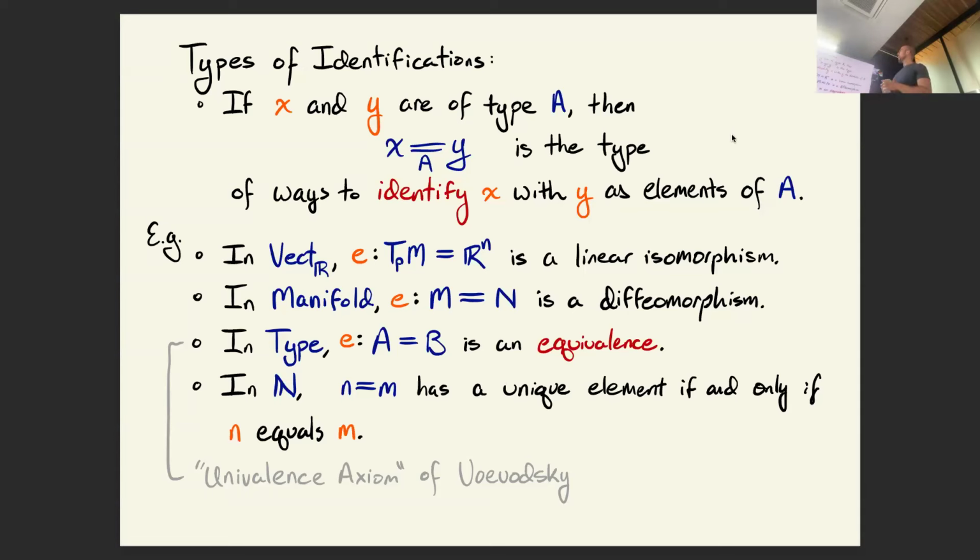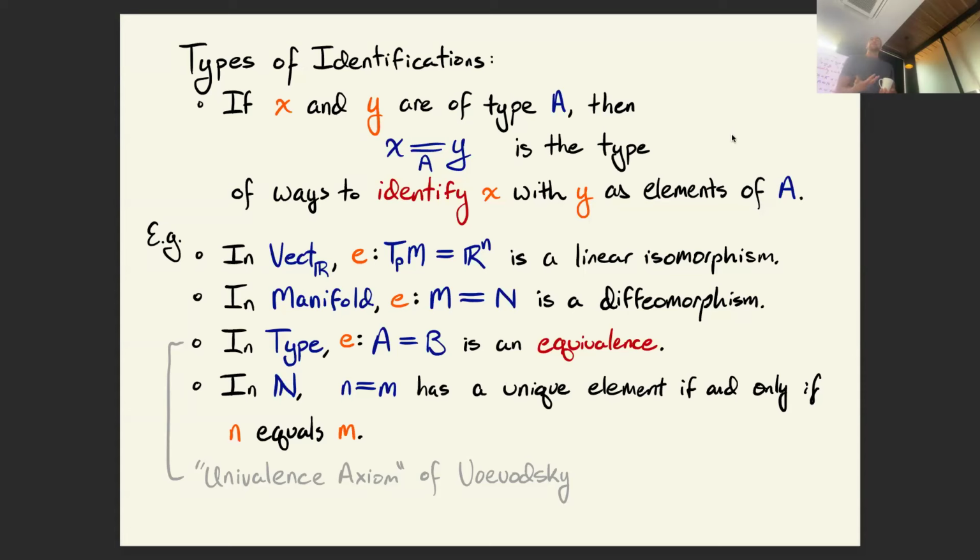So to identify the tangent space of a manifold at a point with Rn, in other words, to identify them as vector spaces, we should give a linear isomorphism, or in other words, in this case, we could give a basis. So that is certainly a mathematical structure, either a linear isomorphism or a basis.